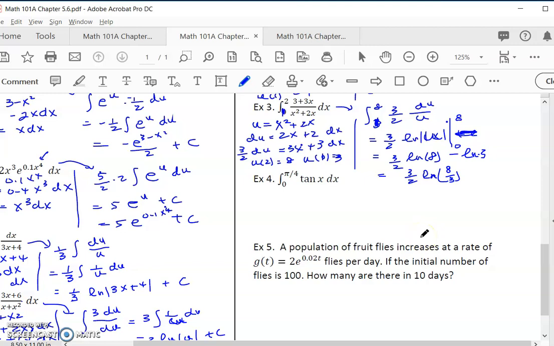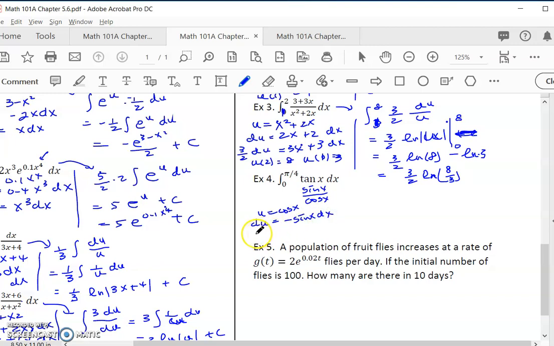So example 4, the next one is from 0 to pi over 4 of tangent x dx. How do we do tangent? Remember tangent x was sine x over cosine x, right? So our u would be cosine x, and our du will be negative sine x dx.